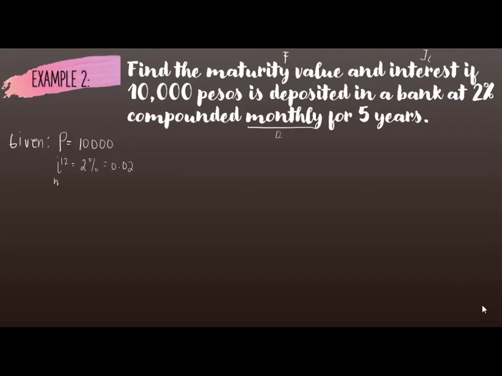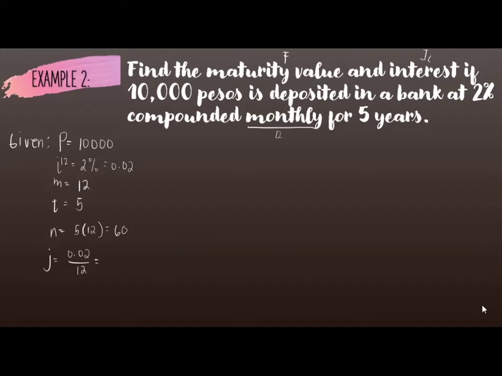Then, yung M, 12. Yung time is 5 years, so 5. So, pwede natin computein si N. Si N is T times M, so 5 times 12. So, that is 60. Then, yung J naman, interest divided by the conversion period, so 0.02 divided by 12.